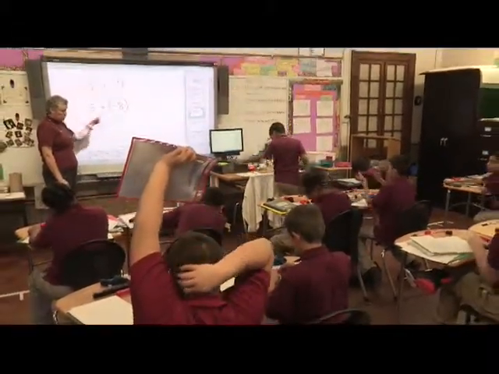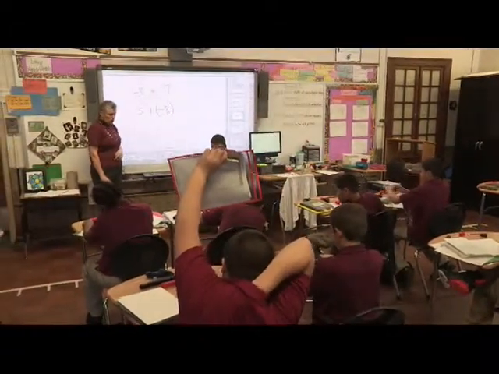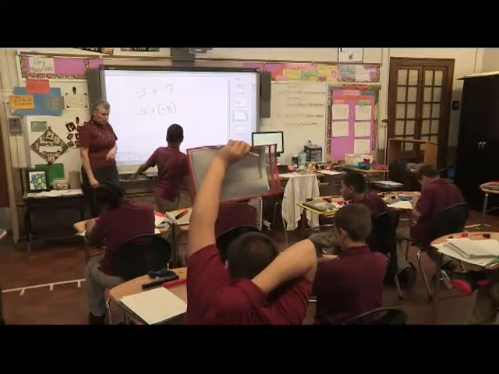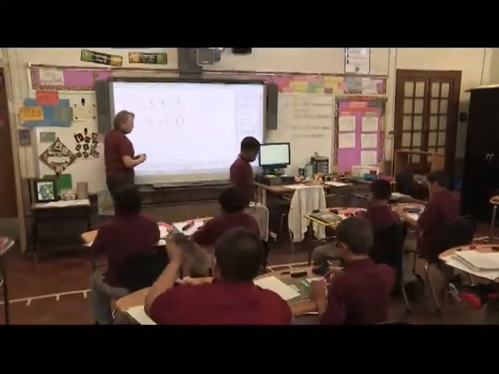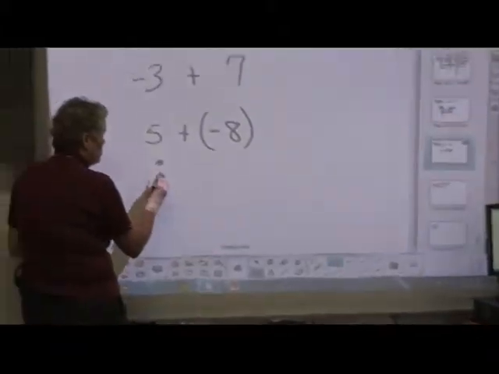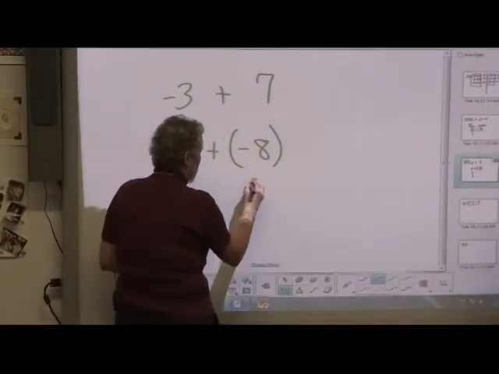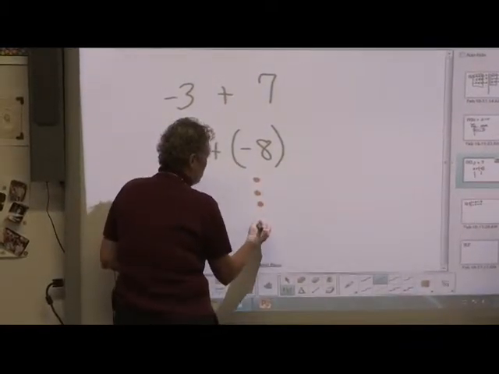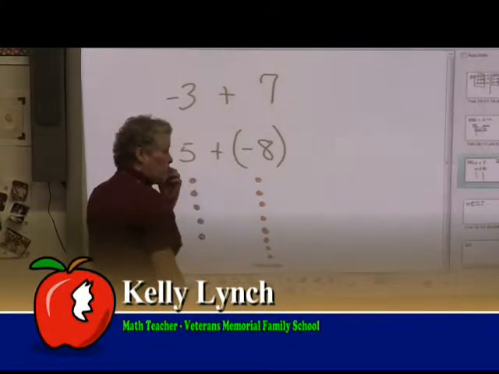1, 2, 3, 4. Where'd you end up? -3. Is he correct? Yep. -3. And the same thing, if I could draw a picture of this. Is it the same thing? No. Why is positive and negative not the same thing?